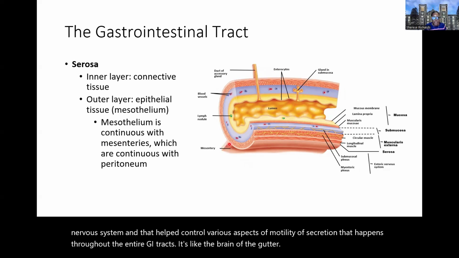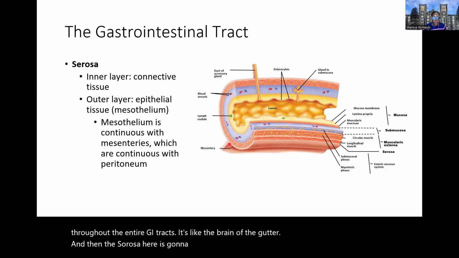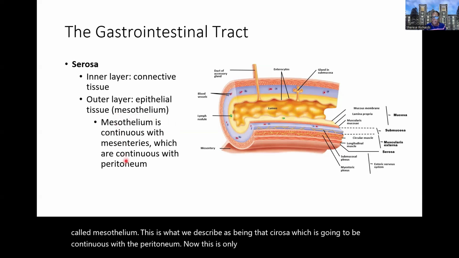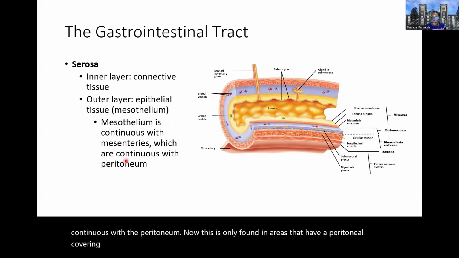And then the serosa here is going to be connective tissue and then an outer epithelial layer called mesothelium. This is what we describe as being that serosa, which is going to be continuous with the peritoneum. Now, this is only found in areas that have a peritoneal covering. Parts like the esophagus and the lower areas like the rectum and anus do not have serosa.